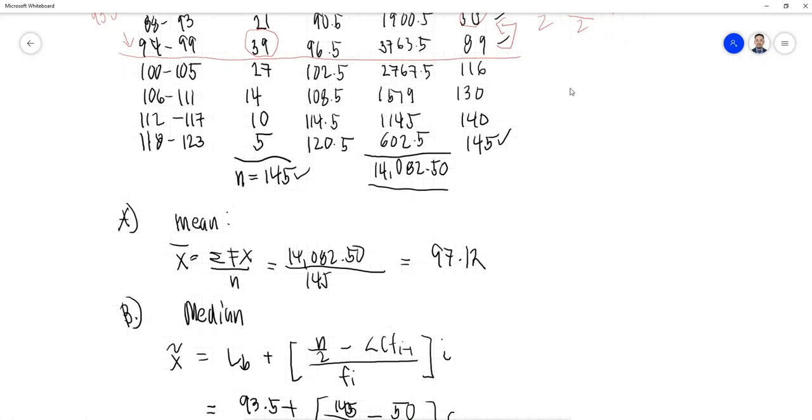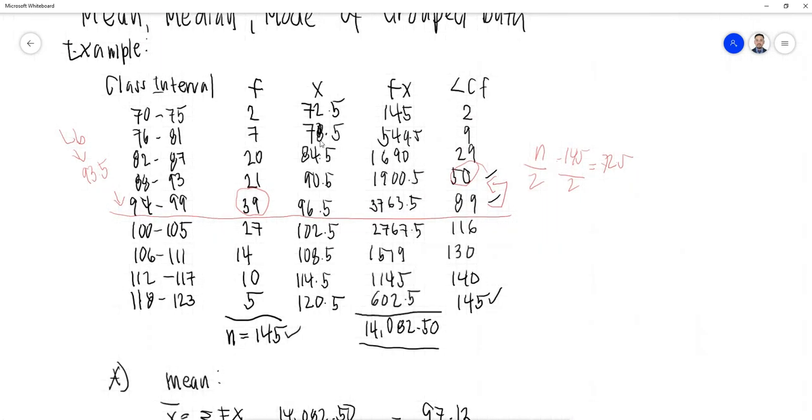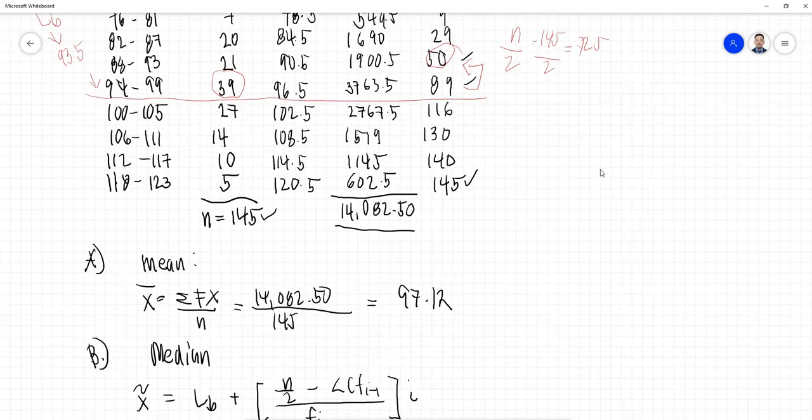The modal class is the highest frequency. In this column, we can see that 39 is the highest frequency. Therefore, this is the modal class. The lower boundary of the modal class is 94 minus 0.5, that is 93.5.